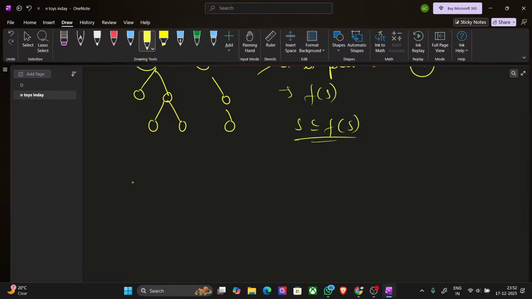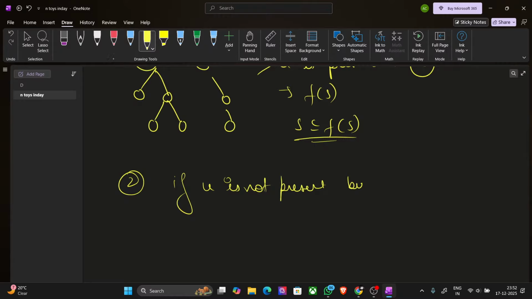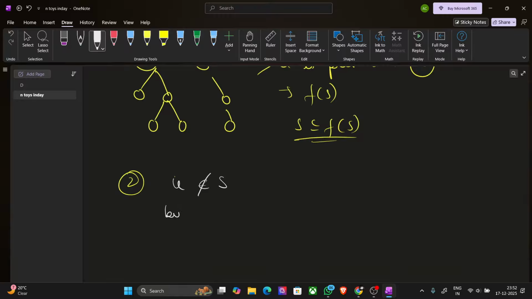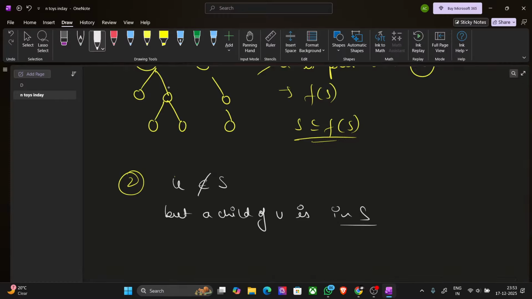Correct. The second condition states if U is not present in FS or S, but a child of U is in S. But I have said only one child of U is in S. You can take any child.